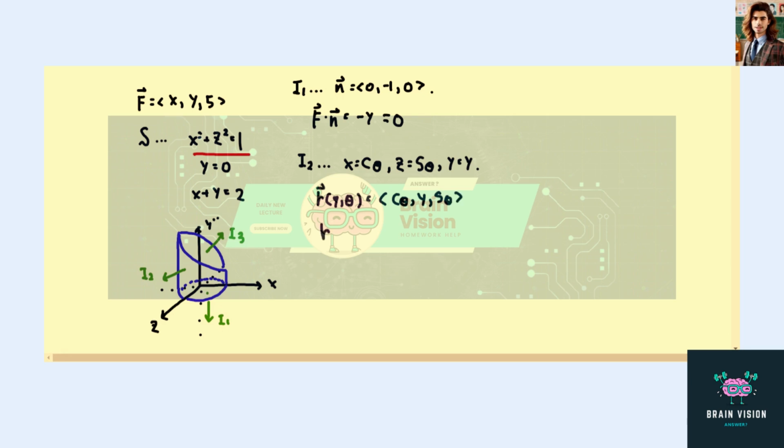Now let's find the partial derivatives. In the y direction, you will get (0, 1, 0). In the theta direction, it will be (negative sine theta, 0, cosine theta). The normal would be the cross product, as we've been going through over and over again. And we will get cosine theta; the middle part we don't need to worry about because you will get a 0 anyway; and the last part is sine theta.